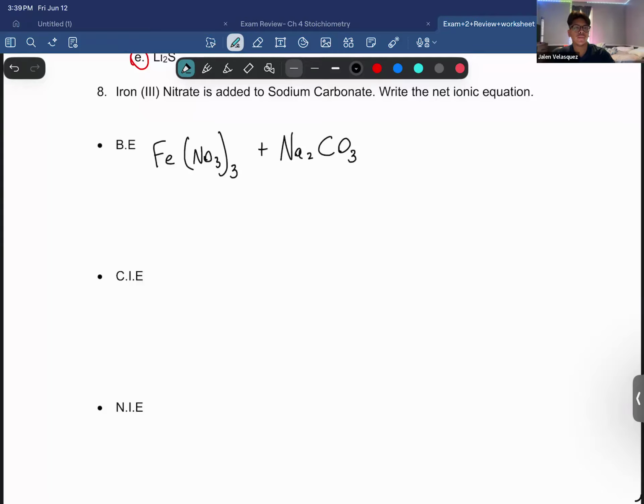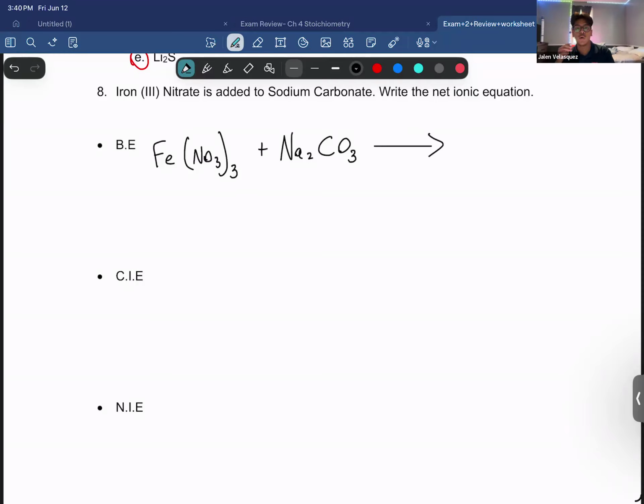Definitely something I should have mentioned earlier: for this exam, you should know your polyatomic ions by now. Being able to write this comes from knowing the polyatomic ions and their charges, because you need to know the charge in order to write a proper chemical formula. So here are the reactants, iron nitrate and sodium carbonate, and we have to figure out the products.